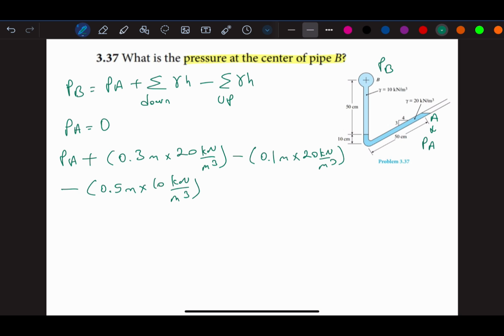And if you do all the calculations, we are going to get minus 1 kilopascal pressure. Or in other words, it will be minus 1 kilonewton over square meter.